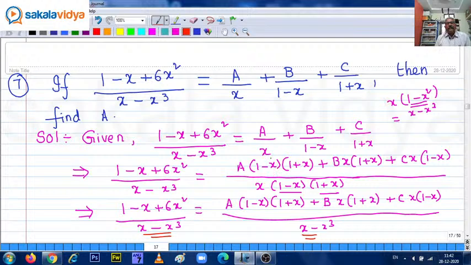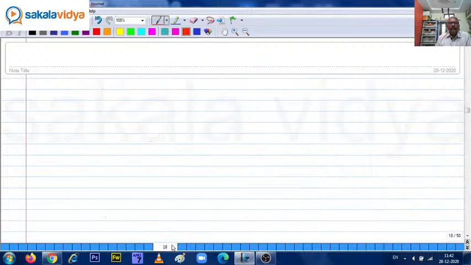So that means x cancel, a into 1 minus x into 1 plus x. 1 minus x cancel, b into x into 1 plus x. 1 plus x cancel, we get c into x into 1 minus x. So now we have an identity. Let's go back.